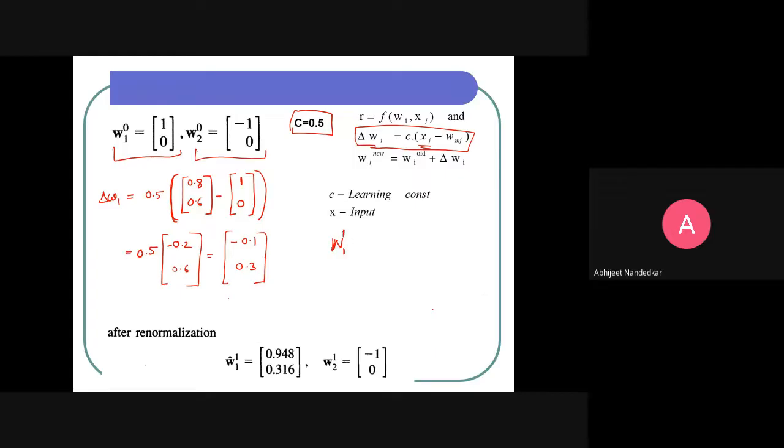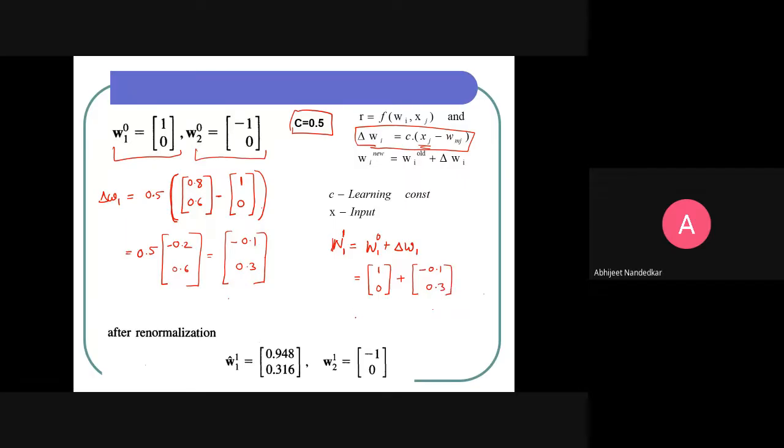So this will be W11, which is equal to W10 plus the change in weight for the first neuron. So this will be equal to 1, 0 plus minus 0.1 and 0.3.